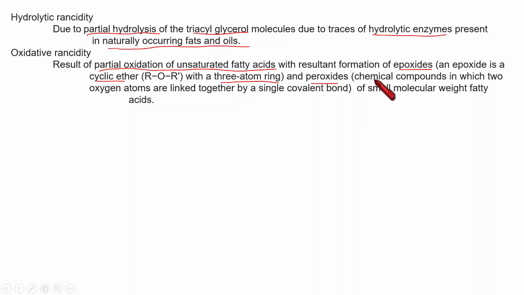That's only for your better understanding of what an epoxide is. Peroxides are certain chemical compounds in which two oxygen atoms are linked together by a single covalent bond. So anyhow, oxidative rancidity is the partial oxidation of unsaturated fatty acids by atmospheric oxygen, resulting in the formation of epoxides and peroxides.